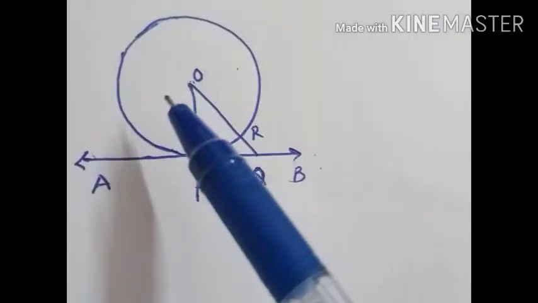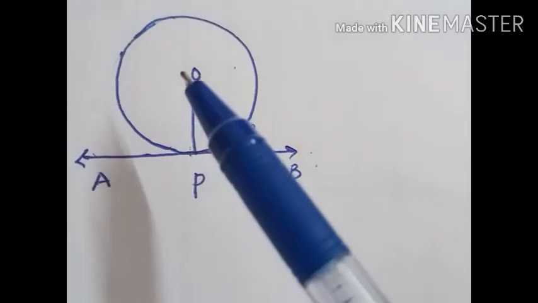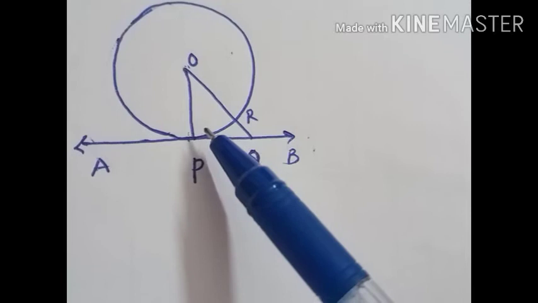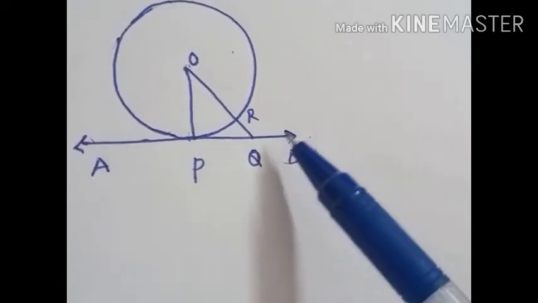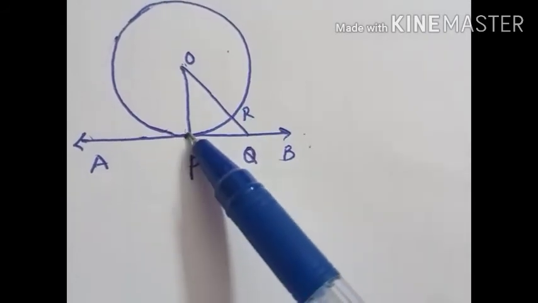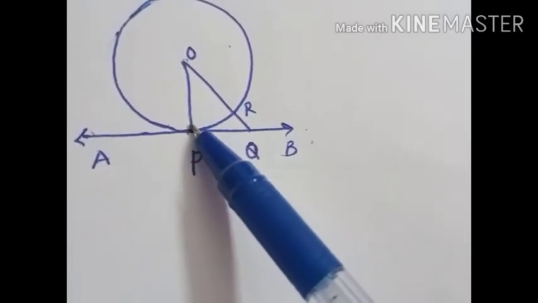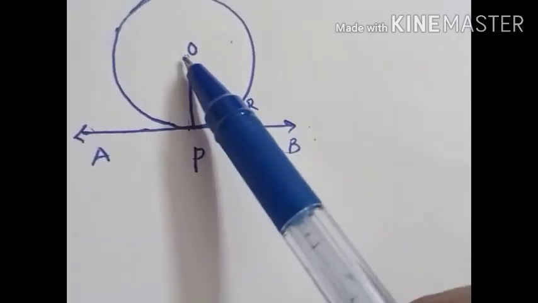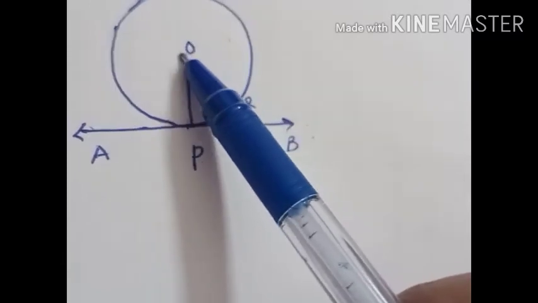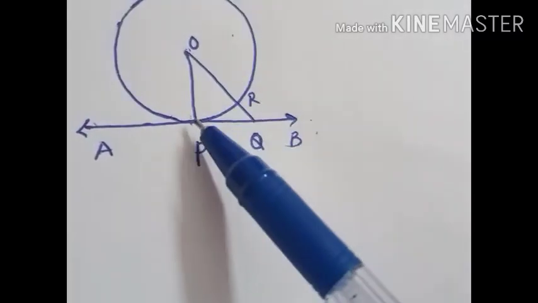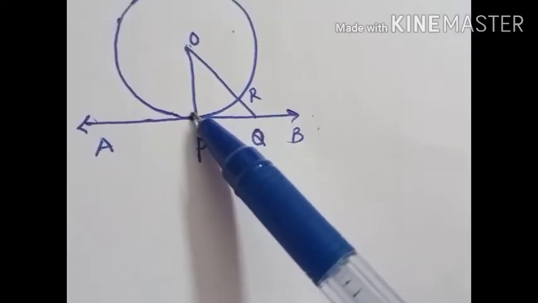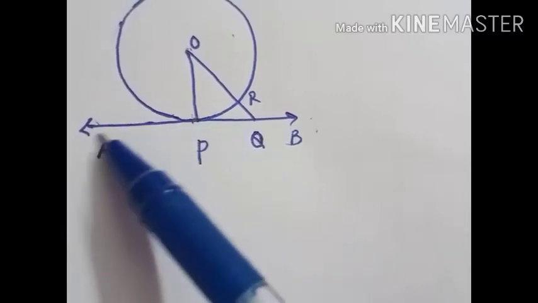When we consider the circle with center O and the tangent AB, we already know that among all the segments joining the point O to a point on AB, the shortest one is the perpendicular to AB.